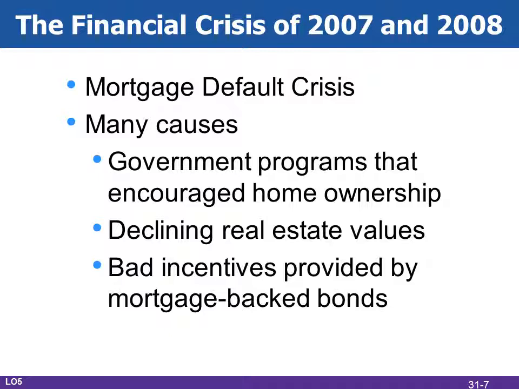And it created a misaligned incentive for people who were renting to get into home ownership. For better or for worse, sometimes people who are renting are better off renting, because when you buy a house, you're responsible not only for the mortgage payment, but for the taxes and the insurance, and all of the unexpected repairs that go with home ownership.